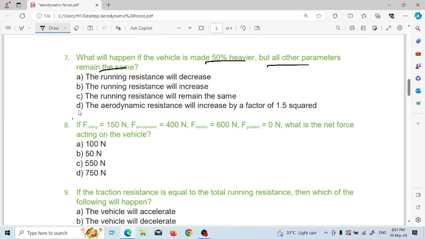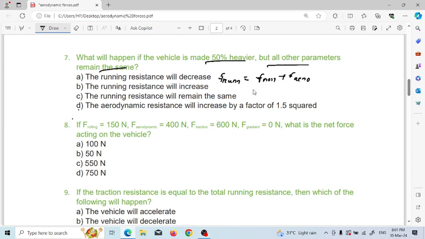We know running resistance is F rolling resistance plus F aerodynamics resistance.